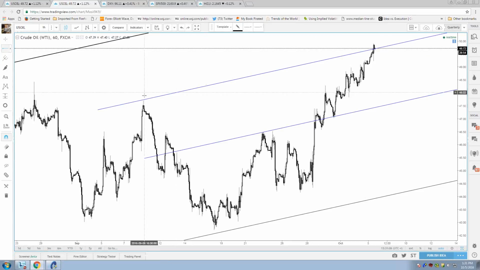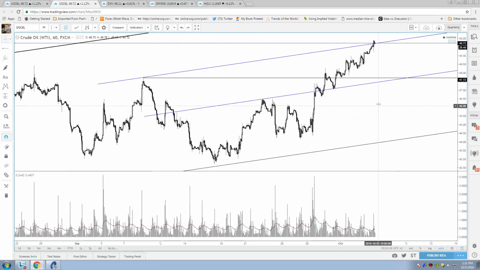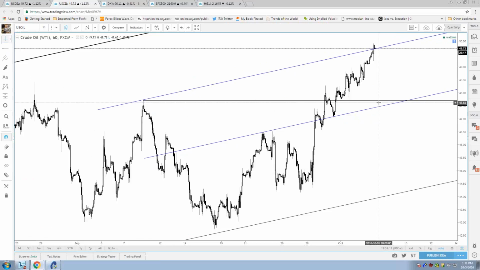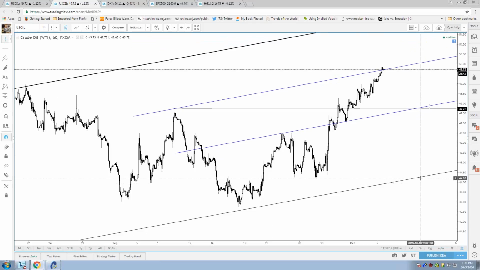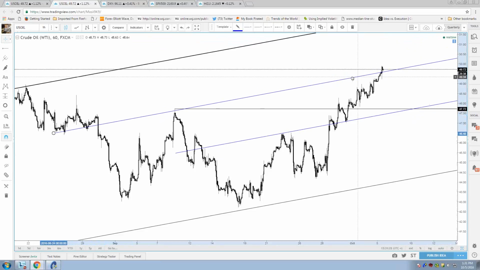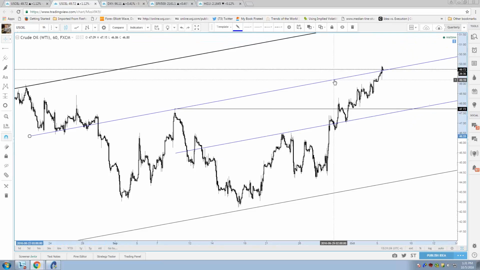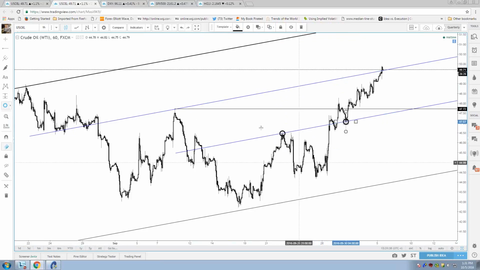Oftentimes you'll notice that the broader you look at it, in other words, do your analysis on this daily chart, and then go down to the hourly, and sometimes it just gets so clean and clear, right? So this might be kind of your spot, right? Resistance, guess where we found support and took off from, really where the rally really got started, right?